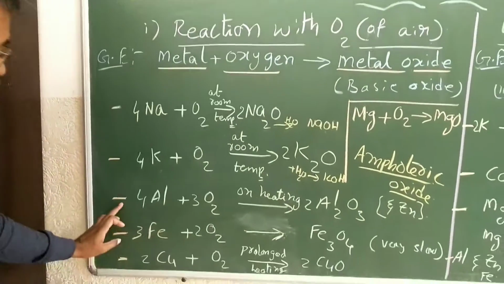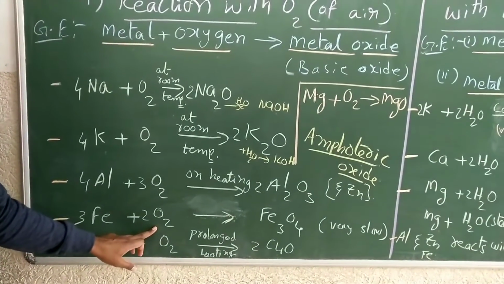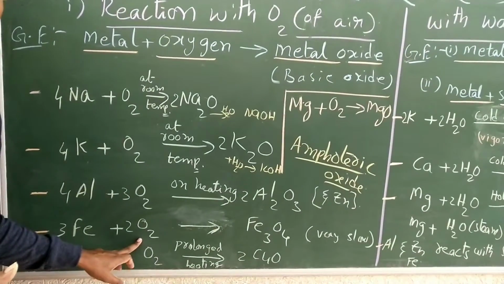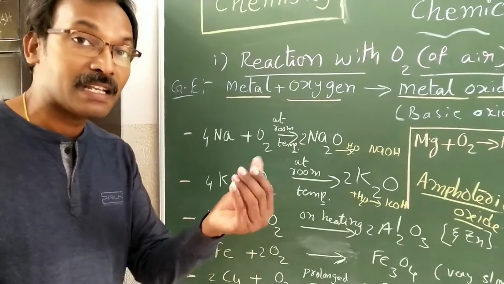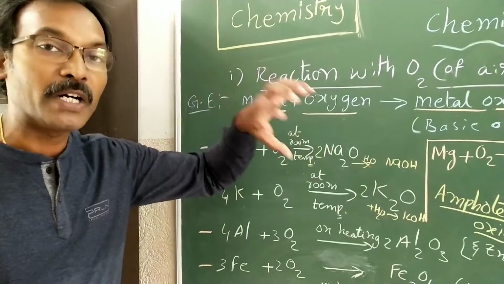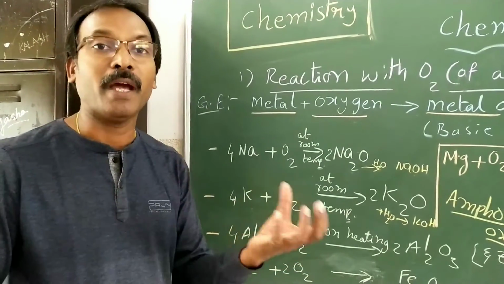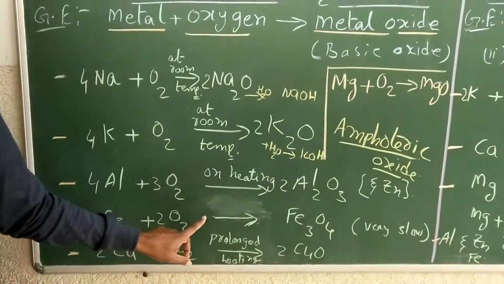Okay children, now come to the next case. Iron also reacts with oxygen. But you may doubt, sir, how does iron react? If you take an iron material, it generally won't react. But when you take iron filings, like powder of iron, and drop them on a hot burning surface, the filings will catch the flame and burn. But iron reacting with oxygen is not that easy.